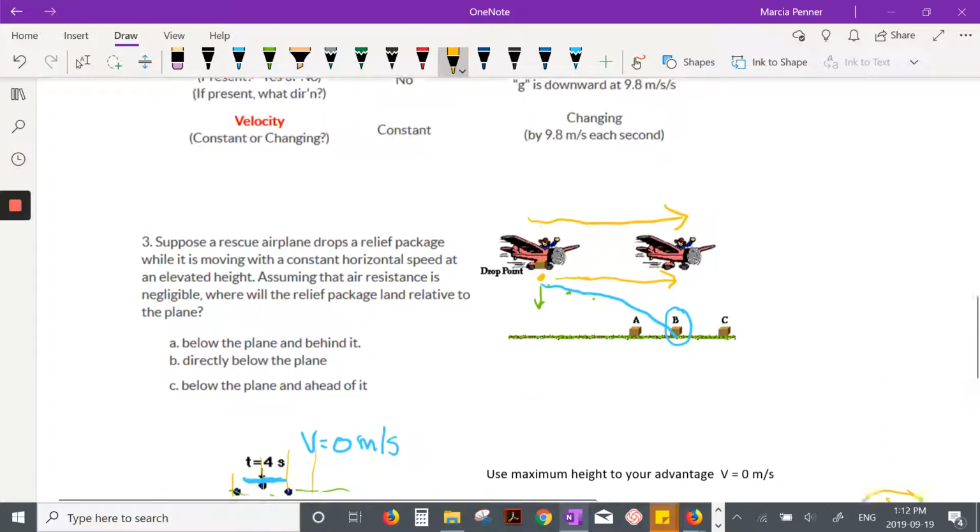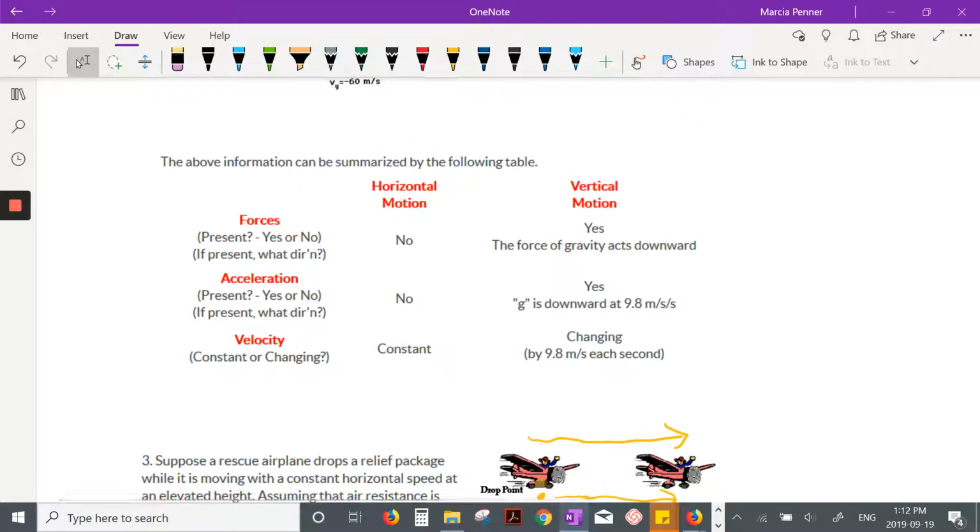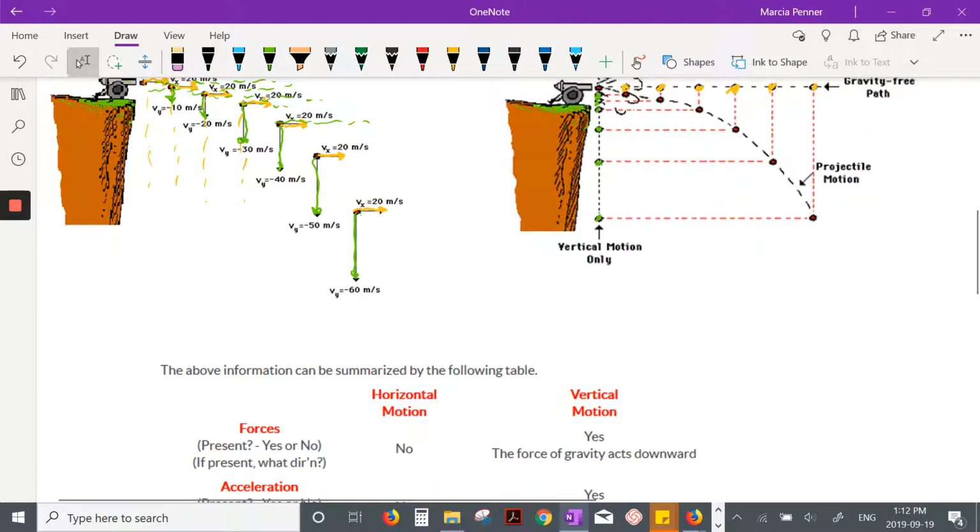Hopefully you have an understanding, at least conceptually or visually, of how the motion of the object is different when we're looking at the horizontal or the X component versus how the object is moving within the Y component or the vertical motion. I haven't gone over the math here.